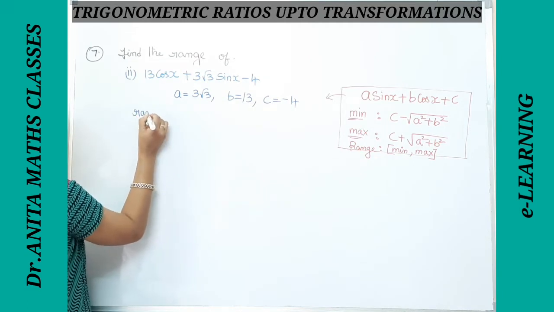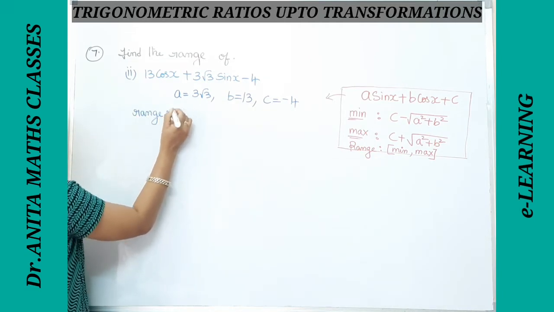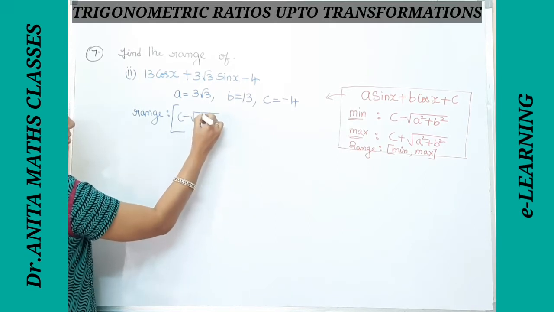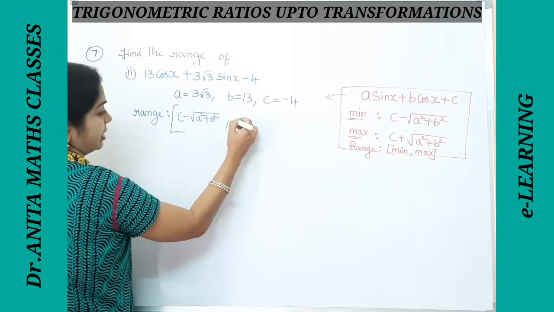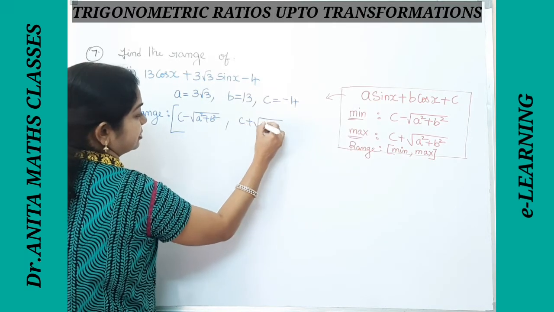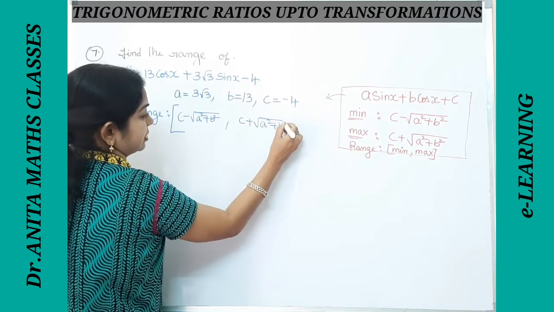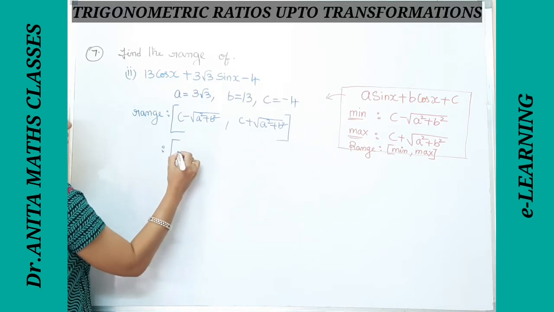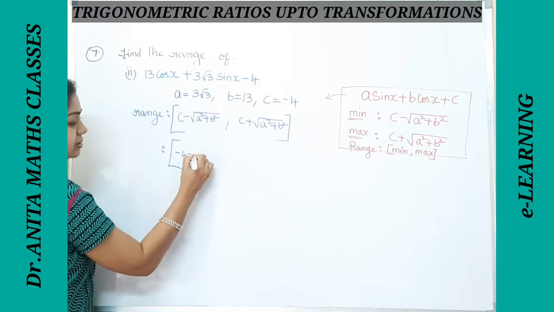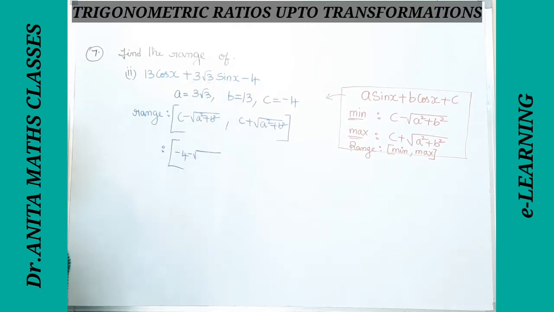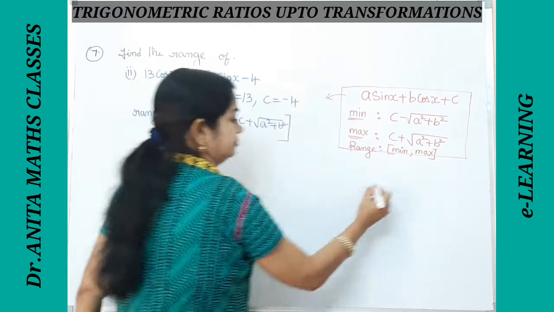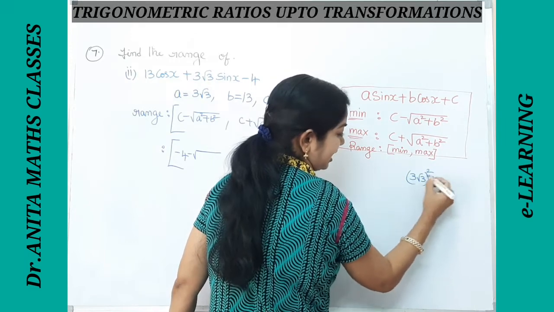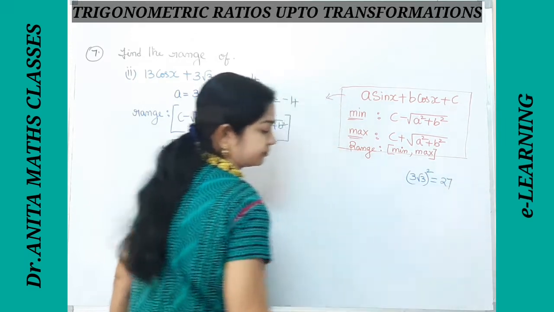Here the range we can write as minimum value c minus under root a square plus b square, and maximum value c plus under root of a square plus b square. So here we will directly apply. C is minus 4 minus under root of a square. A square is 3 root 3 whole square, that comes to 9 into 3, 27.